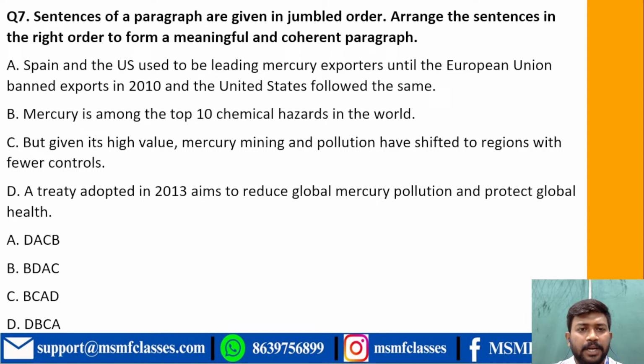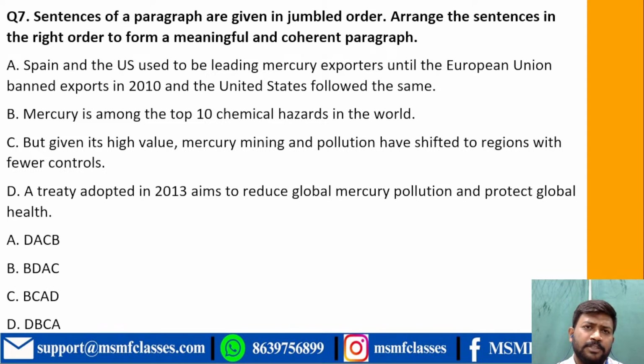So first I will start with B. Mercury is among the top 10 chemical hazards in the world. Okay. In D, what they are explaining: a treaty adopted in 2013 aims to reduce global mercury pollution and protect global health. These two sentences seem like introductory sentences. Now let's check a combination here.